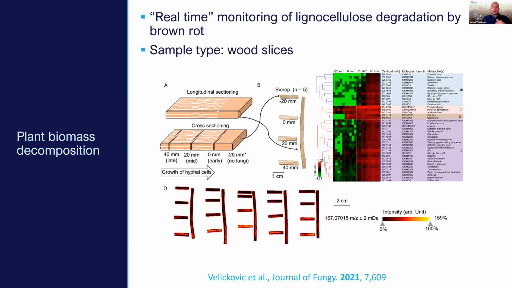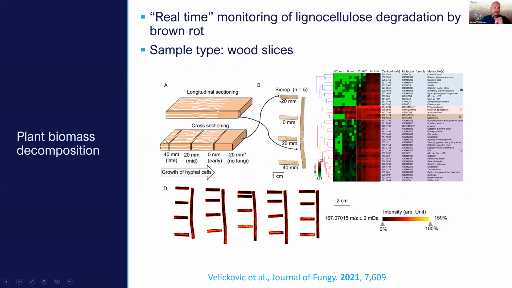Lastly, we can also follow, for example, plant biomass decomposition. In this case, we use unorthodox samples like wood slices taken from wood buffers where fungi were growing. Then we can have insight into the real time of lignocellulose degradation by brown rot.